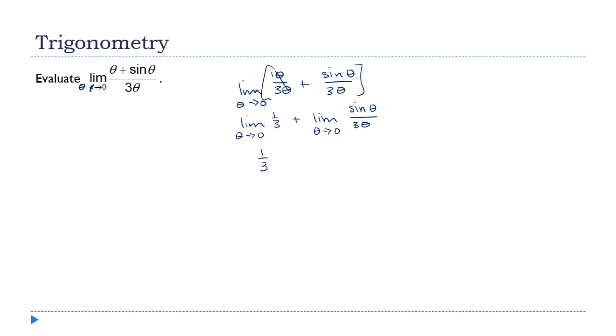I don't care what the variable is. Over here, I'm going to bring this 3 out. I'm going to make this plus 1/3 times the limit as theta approaches 0 of sine theta over theta. And that's just 1. So this is 1/3 plus 1/3, which is 2/3.